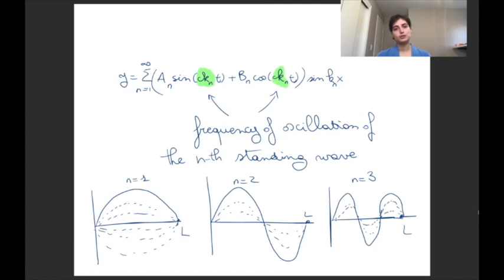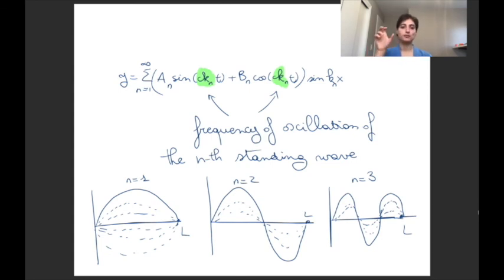Looking at the solution again, we notice that the frequency of oscillations, so if we're focusing on one value of n, for example n equal to 1 or n equal to 2, well, sine kn x, for example n equal to 1, is just half of a sine. And we are associating that with something that oscillates in time with a given frequency. So sine c kn t.